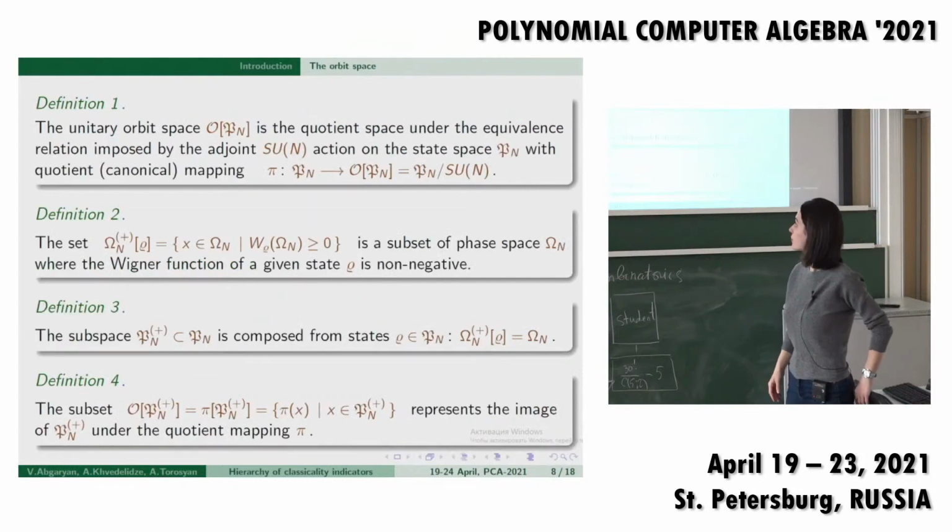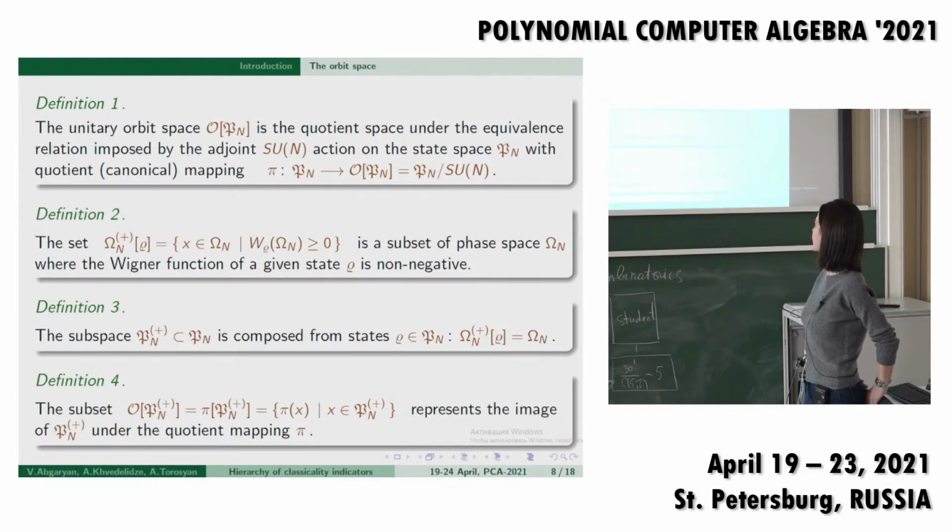Here some definitions are given. The unitary orbit space is a quotient space under the equivalence relation imposed by the adjoint SUN group action on the state space P. The set omega plus is a subspace where the Wigner functions are non-negative.